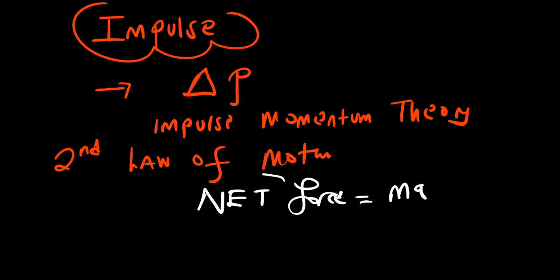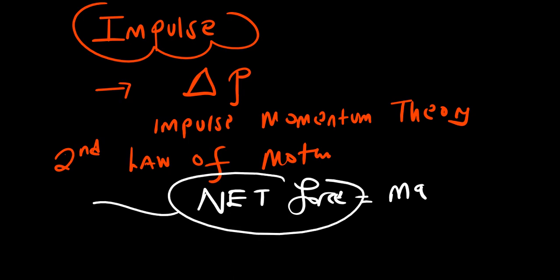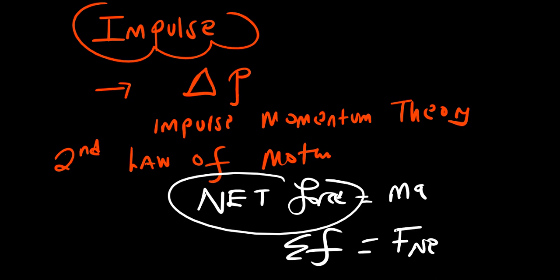Now, we are saying the net force. Please don't mistake it for applied force. Applied force is different from the net force, okay? The net force is the summation of all the forces that are acting on the object. So this is equal to F net, okay?